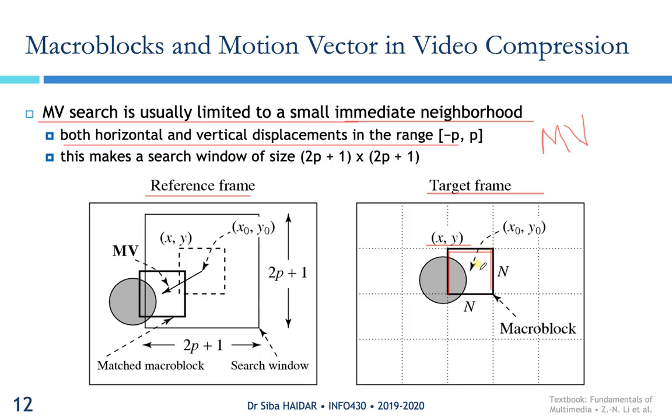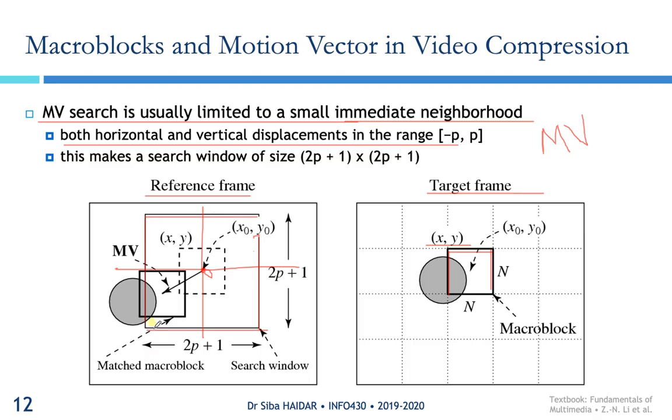We will take a variable P. We will search only by reference. This is the center of the block, x0, y0. We will search only plus P, minus P on the horizontal axis, and minus P, plus P on the vertical axis. This will give us this window. So I will search for the center of the reference block inside this window.